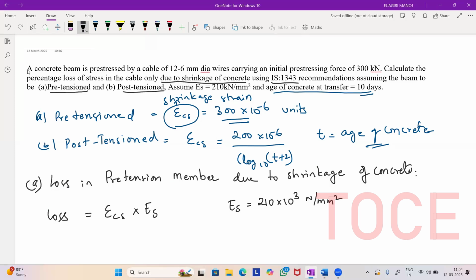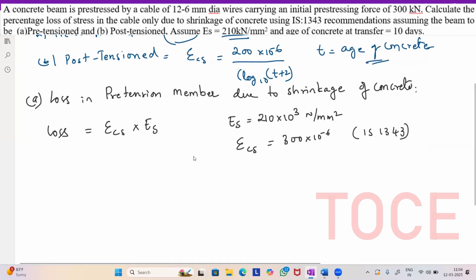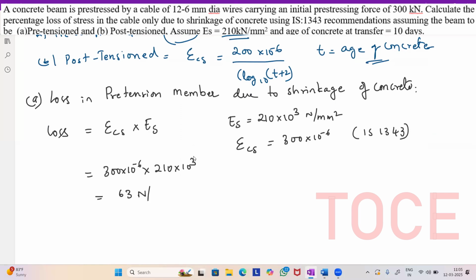The ultimate shrinkage strain we take from IS 1343, that is 300 into 10 to the power of minus 6. Just substitute these values: 300 into 10 to the power of minus 6 and 210 into 10 to the power of 3. So the loss will be 63 Newton per mm square. This is the loss in the pre-tension member for the same question.